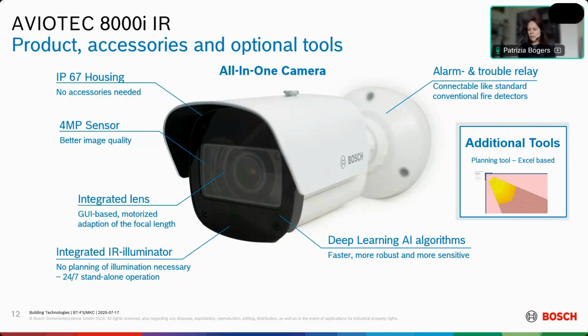First of all, the camera comes with an all-in-one approach, meaning it has a robust IP67 housing, leading to the fact that it can be easily used in indoor as well as in outdoor areas. No additional accessory is needed, as it already comes with an integrated IR illuminator, an integrated bracket, as well as the integrated lens that can be adapted.